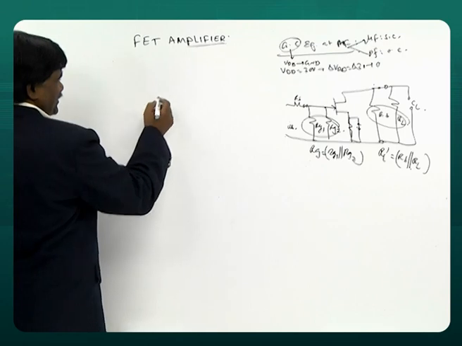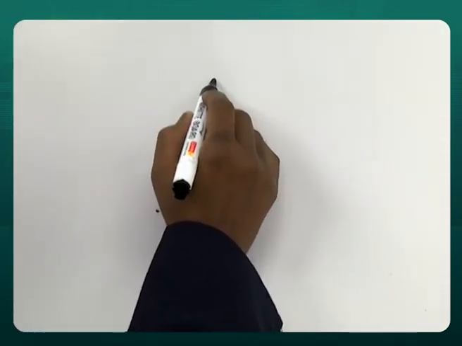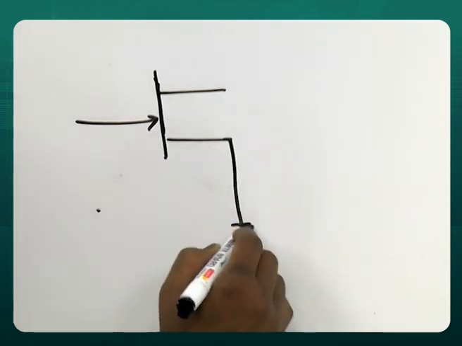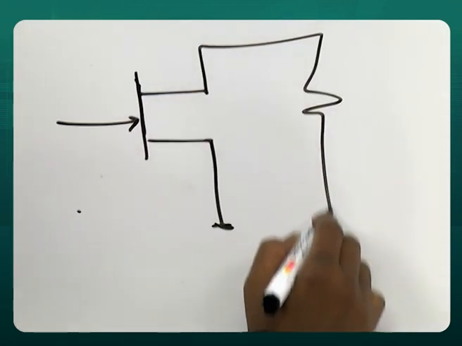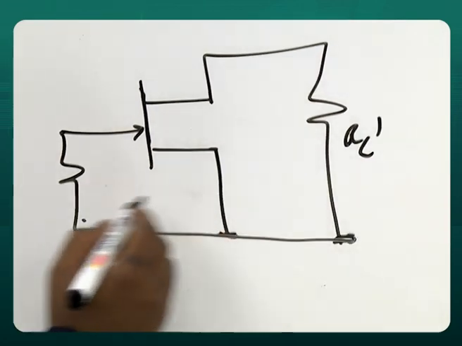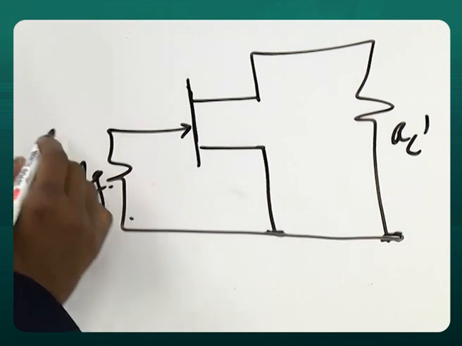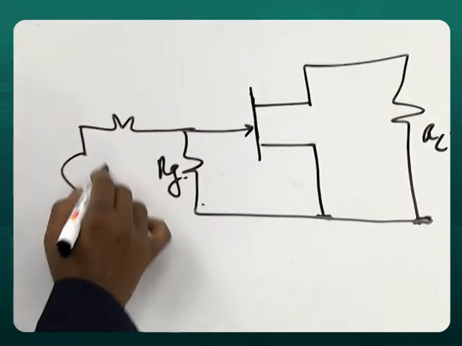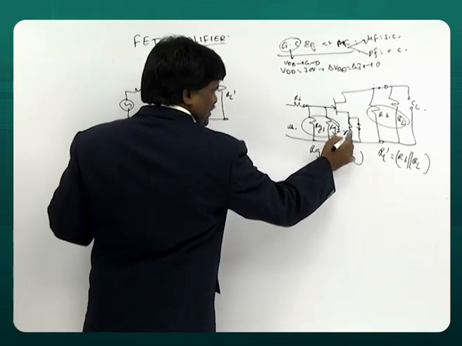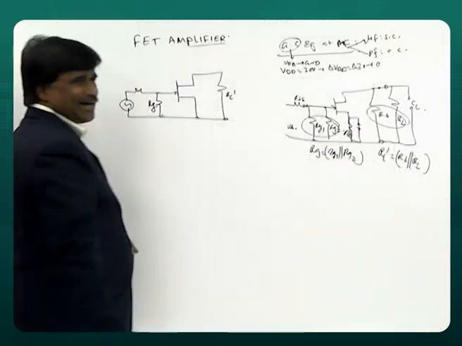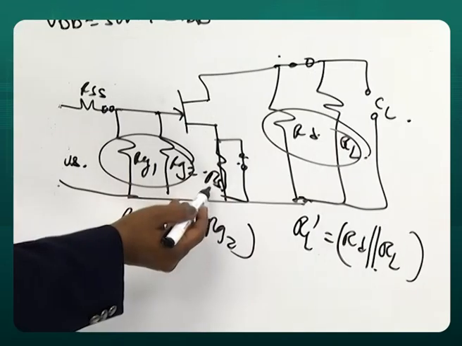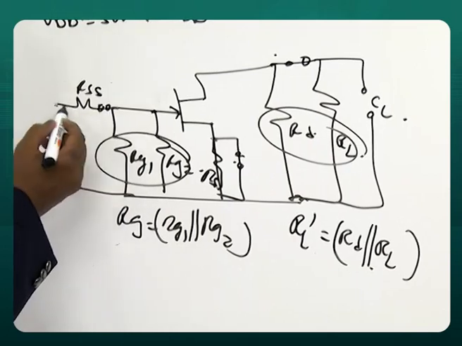Let's go for a simplified model. This is the final simplified model. Call this RL dash, call this RG. Another serious problem in FETs is this is RS, so we should call it RSS. In BJT you have no problem. If you call this RS, this should be called RSS.